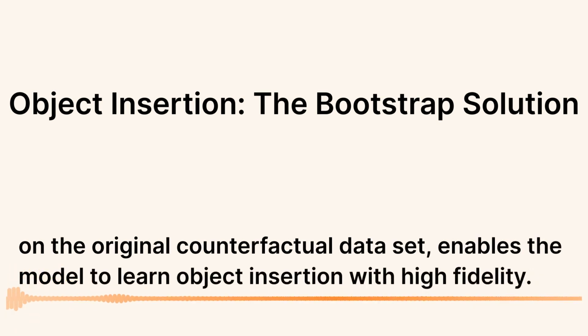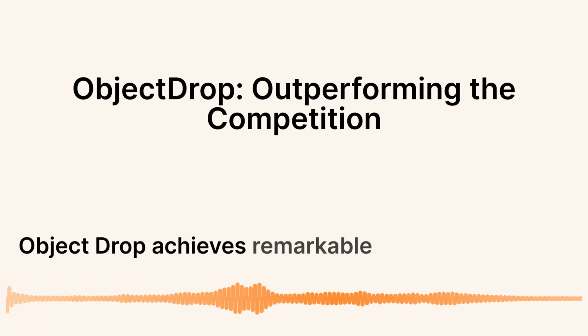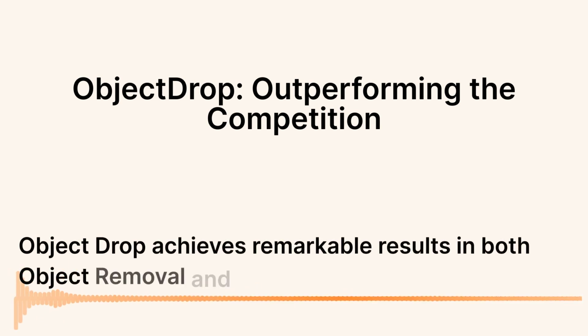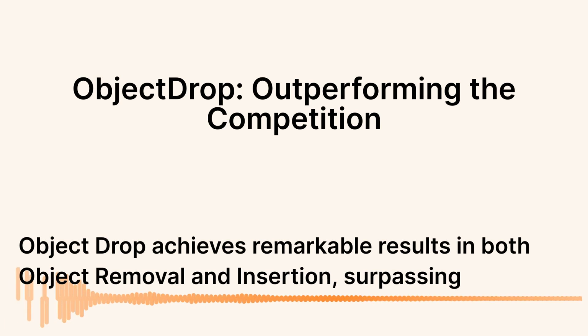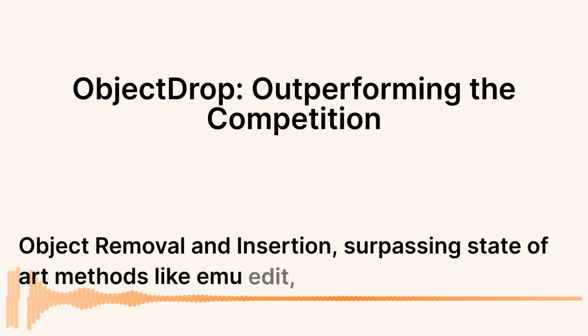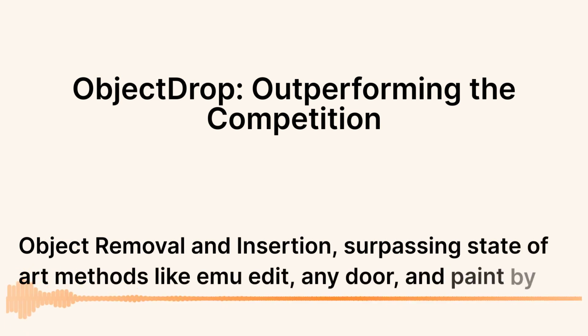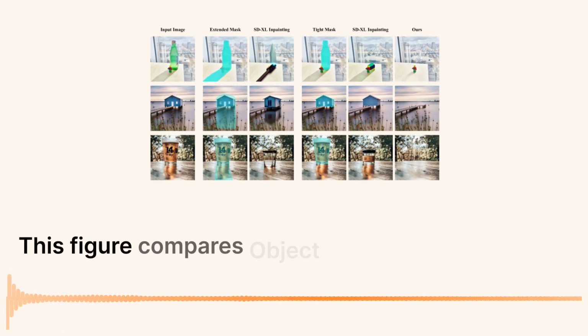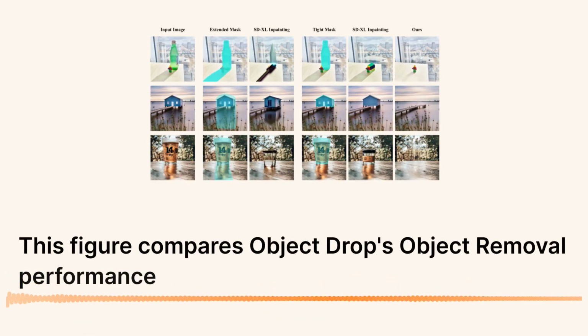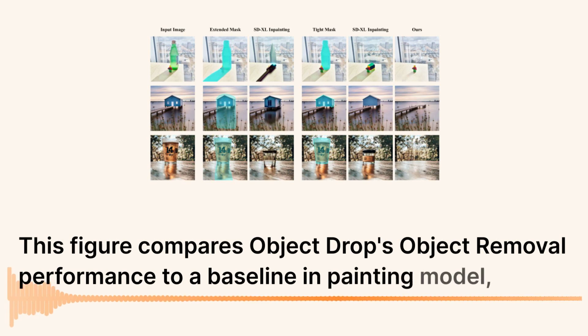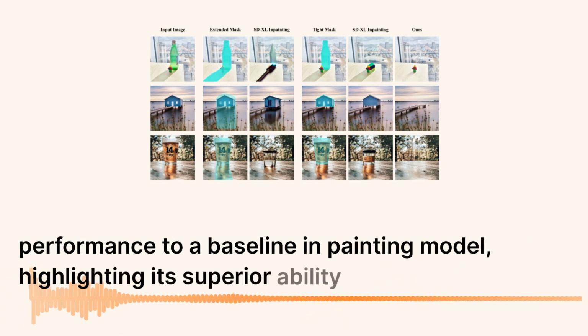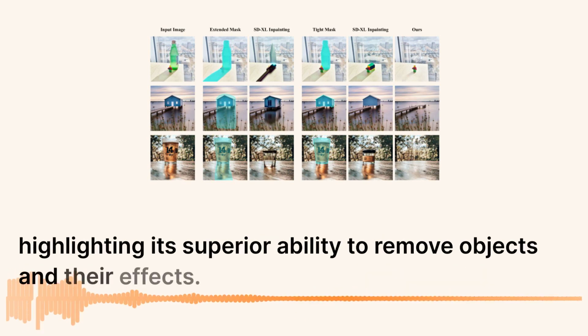ObjectDrop achieves remarkable results in both object removal and insertion, surpassing state-of-the-art methods like EmuEdit, AnyDoor, and Paint by Example. This figure compares ObjectDrop's object removal performance to a baseline inpainting model, highlighting its superior ability to remove objects and their effects.